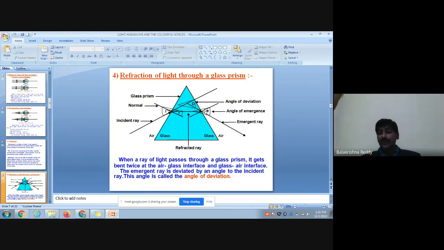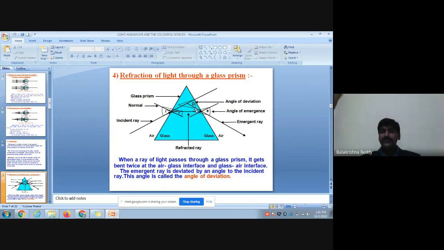So at that time, if you extend the emergent light ray back, they will meet at one point. This is the meeting position of the incident light ray and the emergent light ray. After they meet, there is a vertex formed. At this vertex, if I put the protractor, in this direction or any direction, I can find the angular distance from here to here.